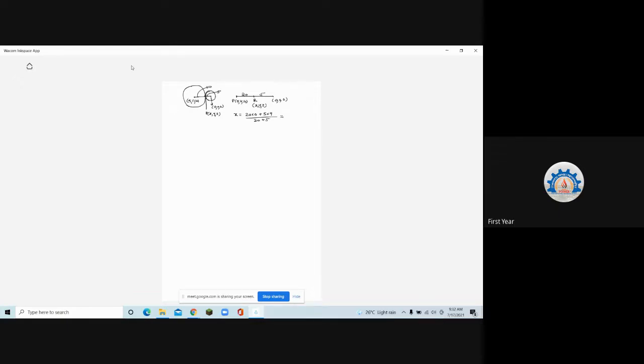So that will give you the point x. So what is it? 45 by 25, which is 9 by 5. Then y is equal to 20 into 0 plus 5 into 12 divided by 25, which is 12 by 5, the 5 gets cancelled.